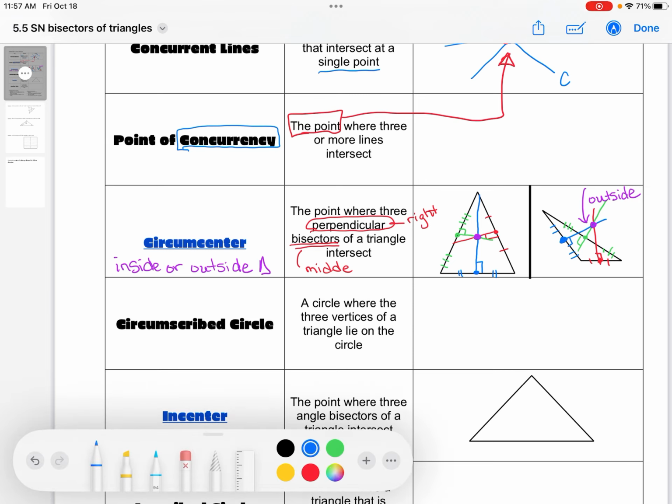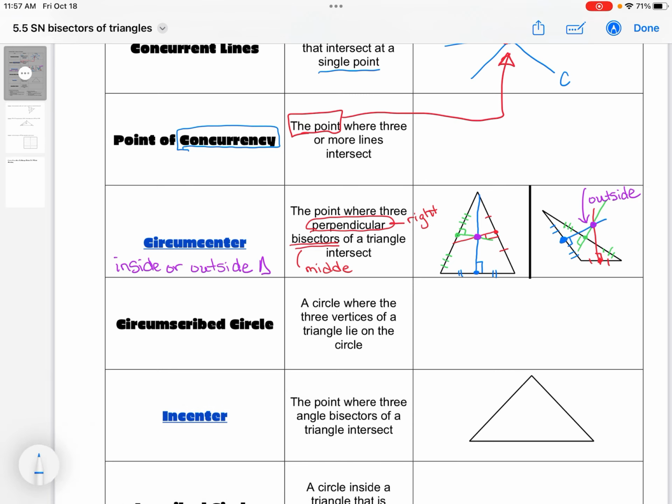A circumscribed circle is a circle that goes around the outside. So if I had a circle, and I drew a triangle inside, my vertices, my points of my triangle, would lie on the edges of the circle.